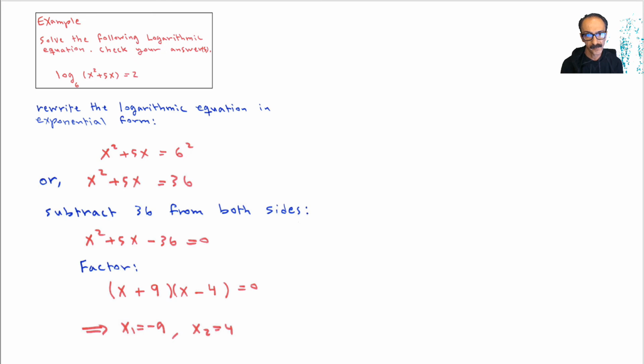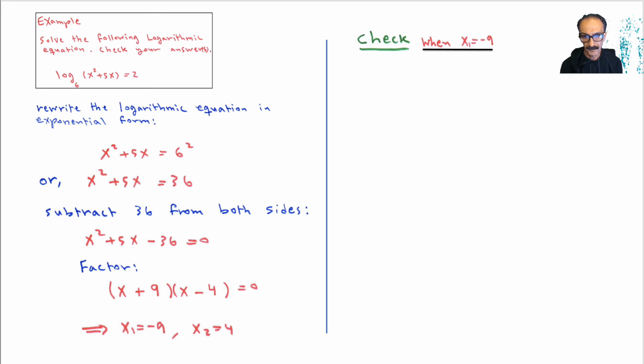Okay. Now it says check your solutions or answers, so you have to be careful, and let's do that. Check. When x1 equals -9, I want to plug in -9 and see what I end up with. So I'm going to take x to the second plus 5x and use the x value equals -9.